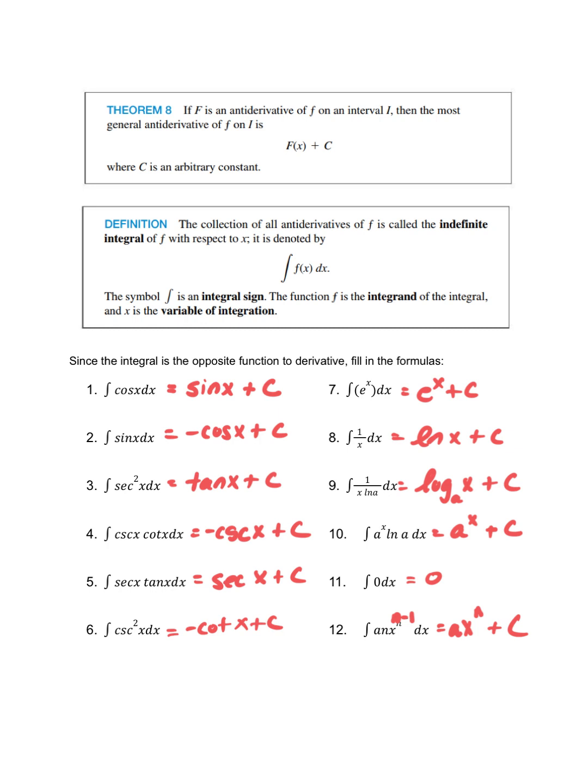So again, anytime you want to check your work, just go ahead and take derivative of the antiderivative that you just got and see if you get the same thing that you started with, and you do.